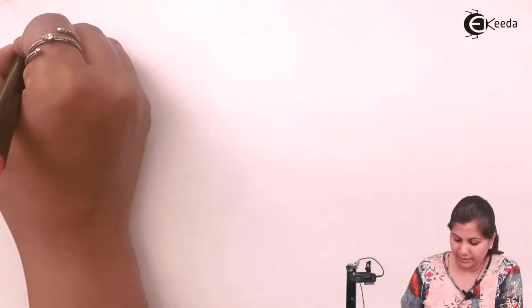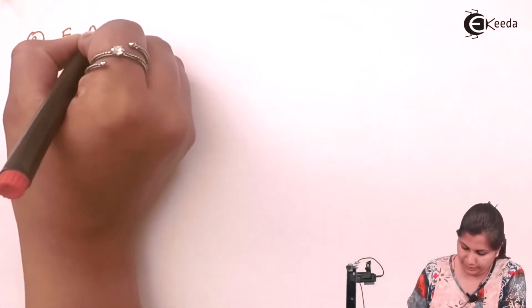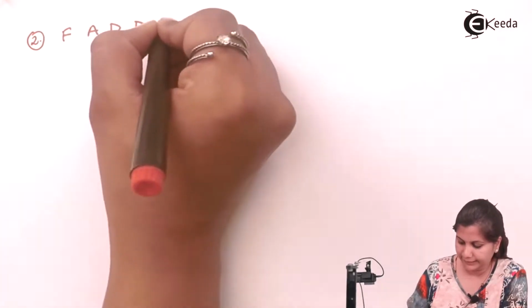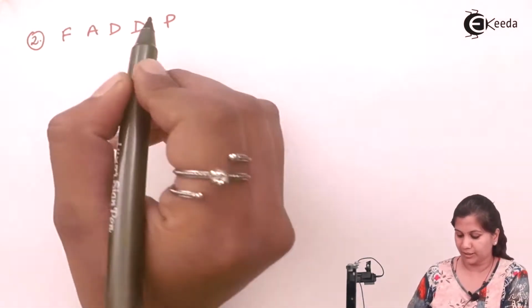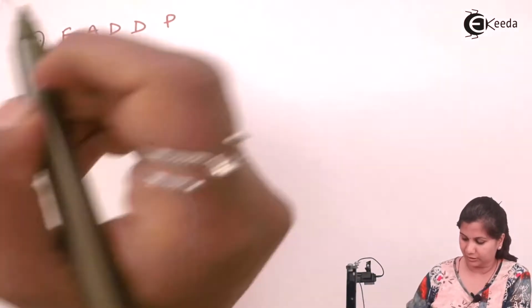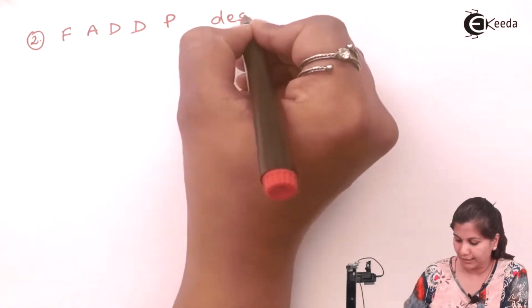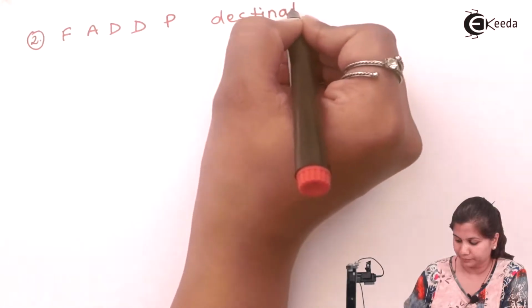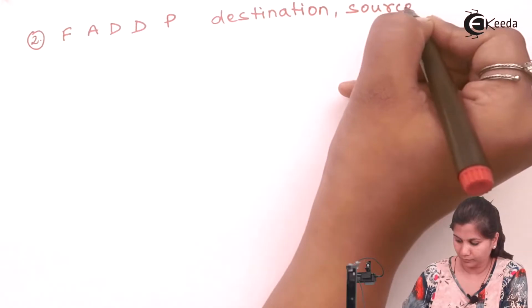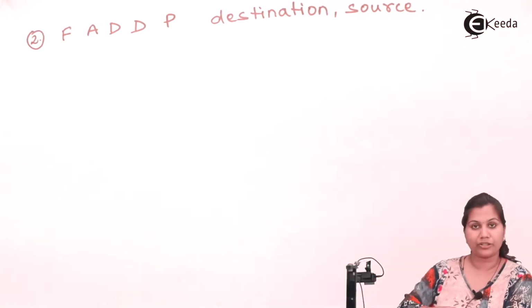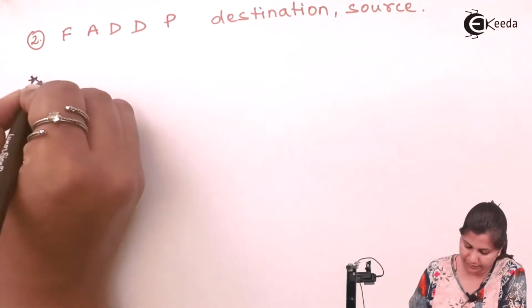Now, second instruction is FADDP. Now, in this instruction, we also have the destination and the source. What this instruction does, it also does the addition.